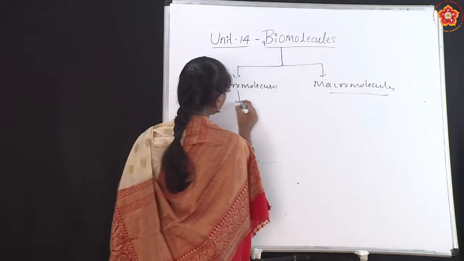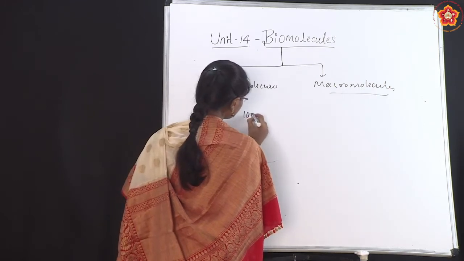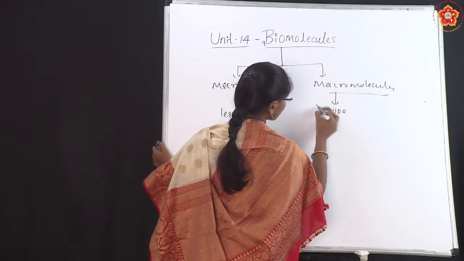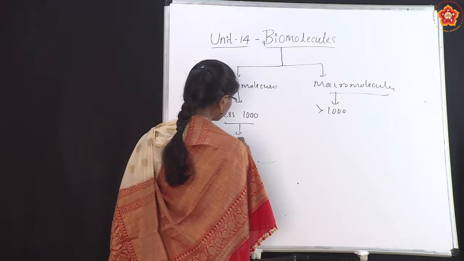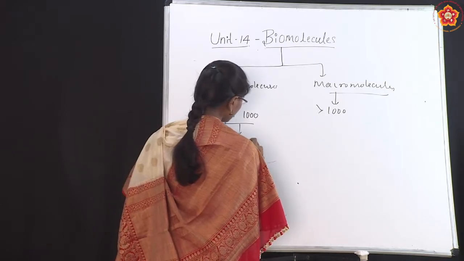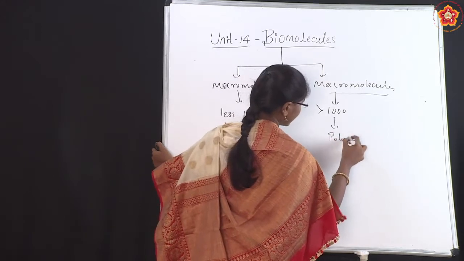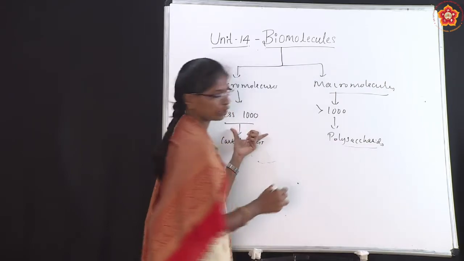Here the molecular mass is less than 1000, and here the molecular mass is greater than 1000. For example, you can give carbohydrate, sugar, and here you can give the example polysaccharide. Polysaccharide means a bigger molecule than this.